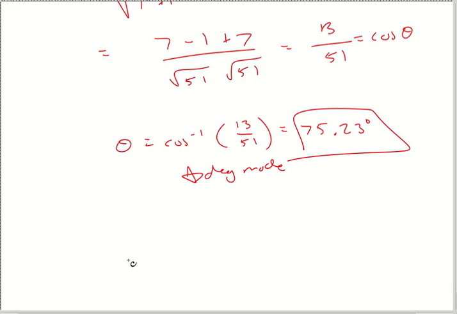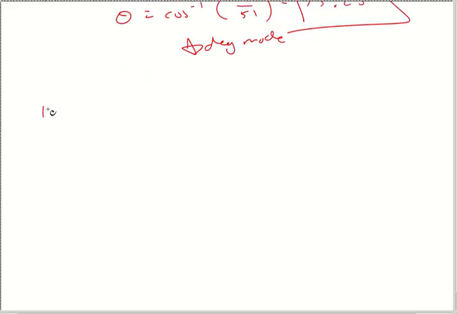Kind of move my colors there. I don't think you can see that. 12, 5, 0, 65. So they want the parametric equations.